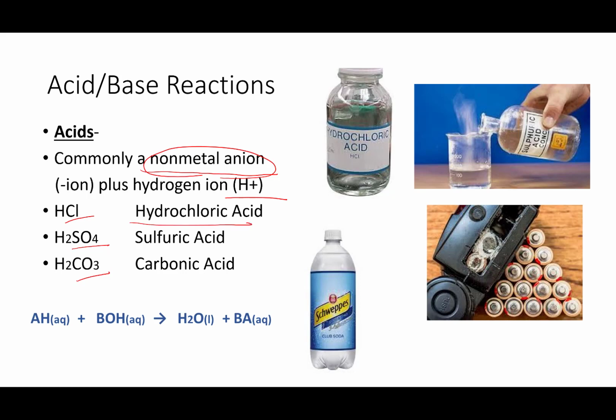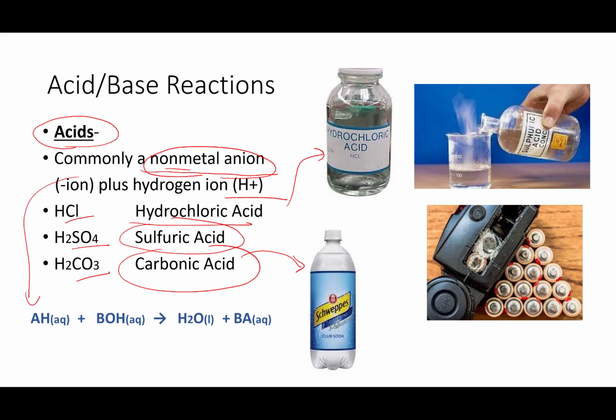Hydrochloric acid is the kind of acid that is stomach acid. Sulfuric acid is car battery acid. And carbonic acid. Carbonic acid is carbon dioxide that has been bubbled through plain old ordinary water, and it makes club soda or soda water. So when we identify an acid, it is going to be one of these non-metal anions plus hydrogen. And that's how we can help identify an acid.